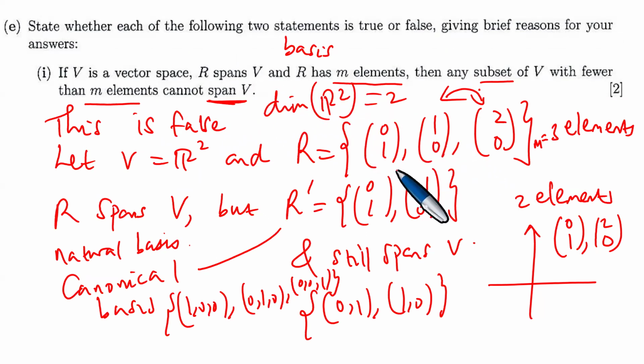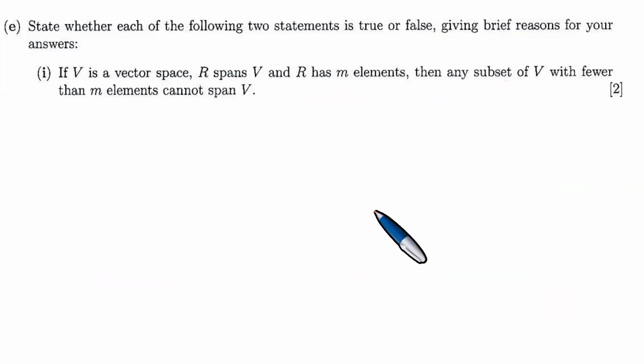In our counterexample, R has 3 elements, but it is not linearly independent. In R2, linearly independent would need 2 vectors, because of the dimension of the vector space R2.